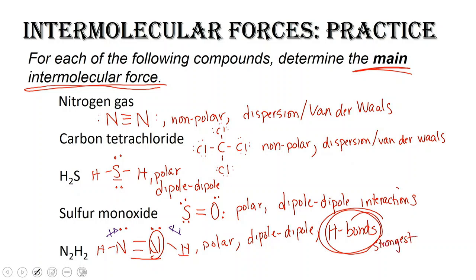And even though these three polar molecules have dipole-dipole interactions, they also all have van der Waals or dispersion forces. But we just want to know what is the main intermolecular force. So hydrogen bonds are the main intermolecular force for N2H2, dinitrogen dihydride.